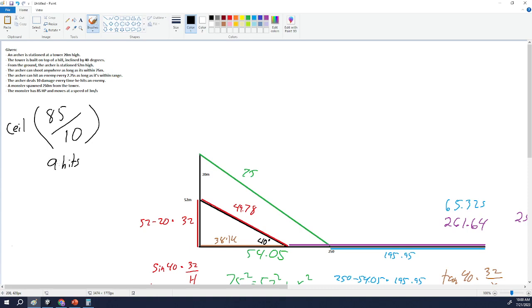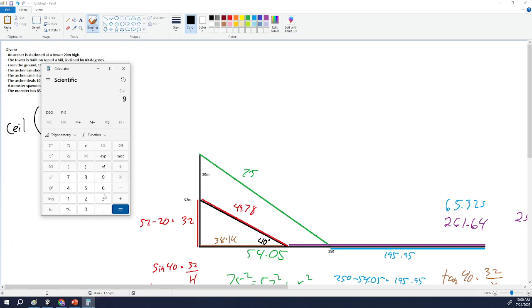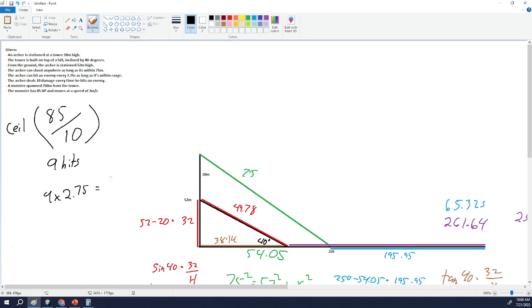And how long does it take to do that? 9 times 2.75. It will take him 24.75 seconds to kill him when in range na si enemy.